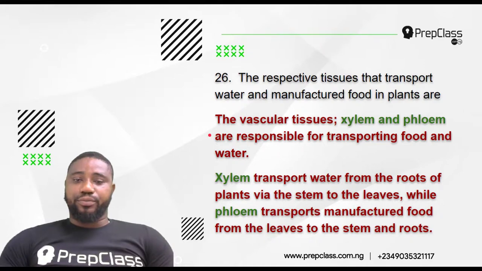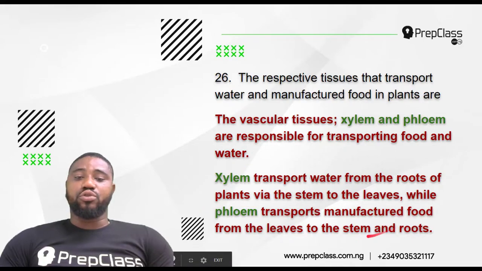The vascular tissues xylem and phloem are responsible for transporting food and water. Xylem transports water from the roots of plants via the stem to the leaves, while phloem transports manufactured food from the leaves to the stem and roots.